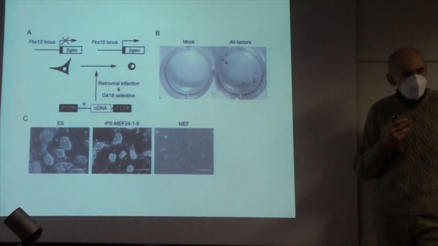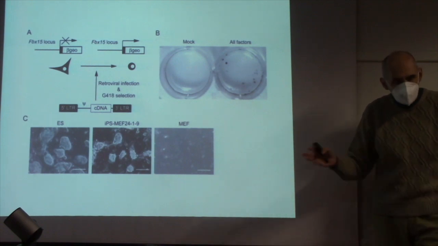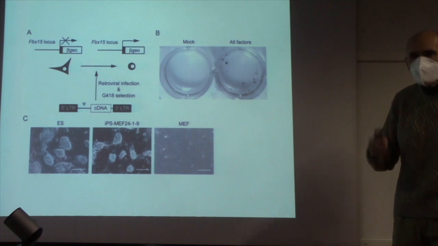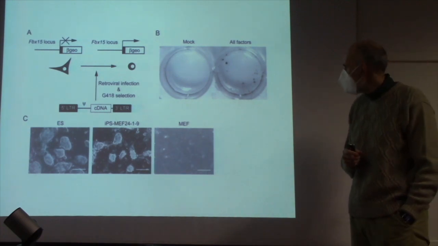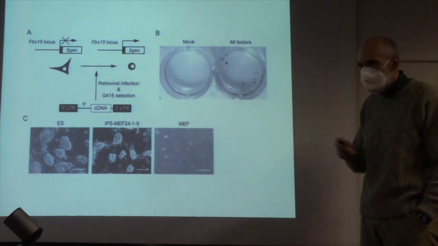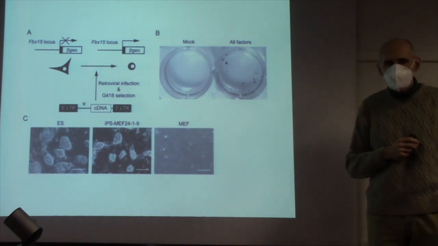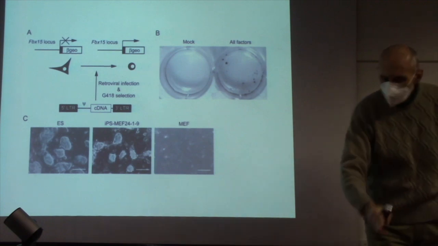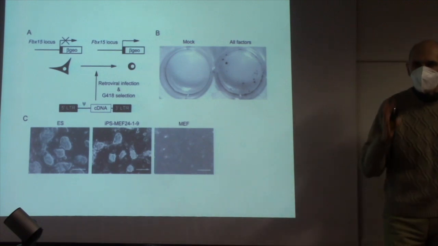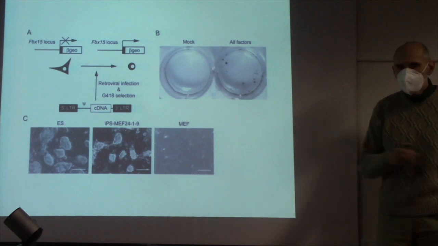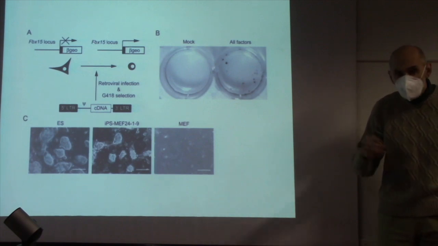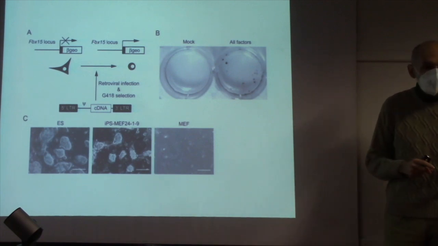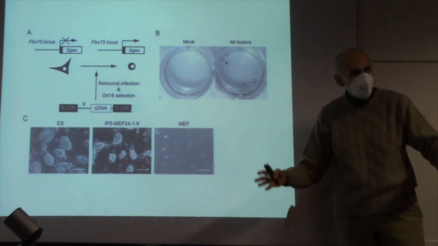What he did was a screen. He went through all of them and worked out which one of them was in fact capable of inducing the conversion. So he didn't have a strong hypothesis. He didn't think, I know that this one and these ones are the transcription factors I need in order to obtain the conversion. That would have been a proper hypothesis. His hypothesis was very weak, vague: there might be transcription factors, maybe they are among these 24.